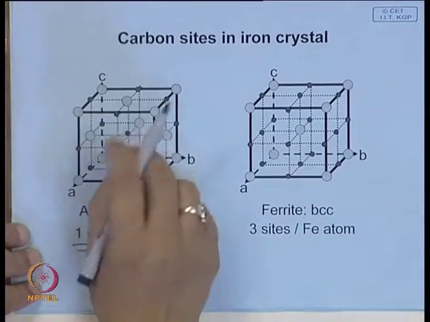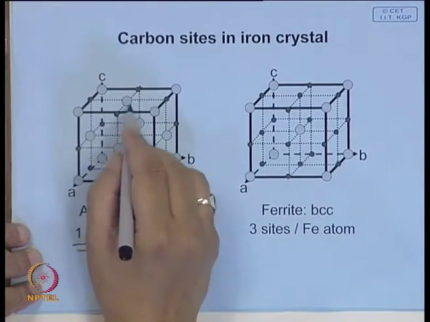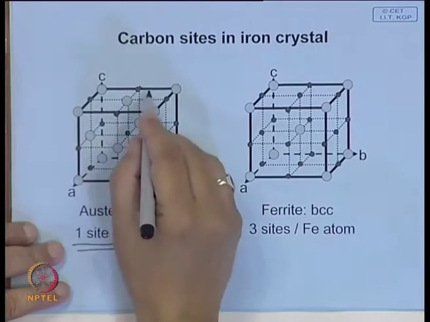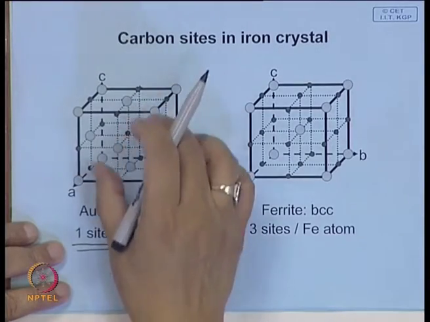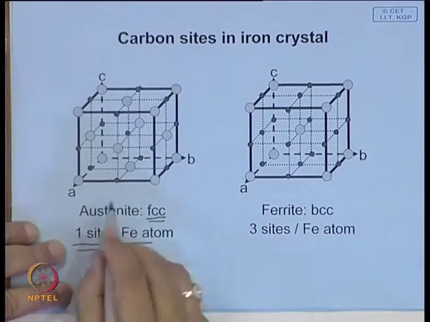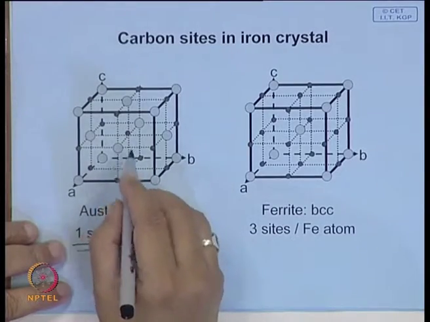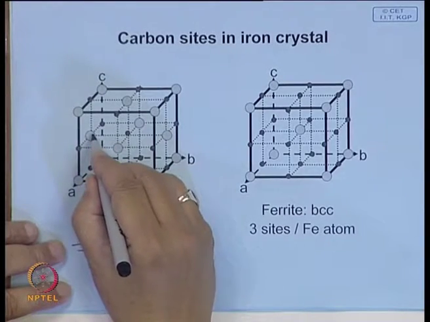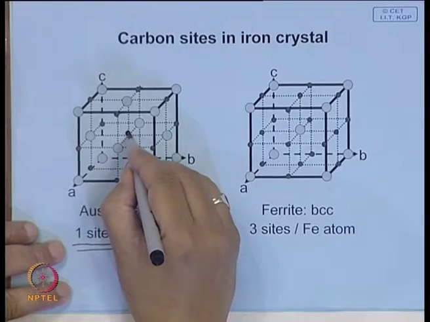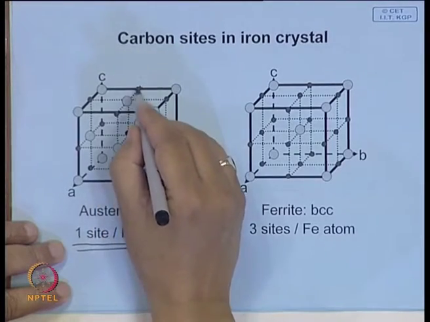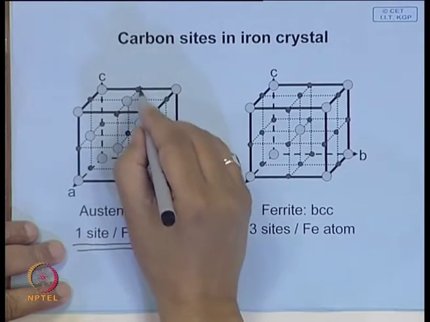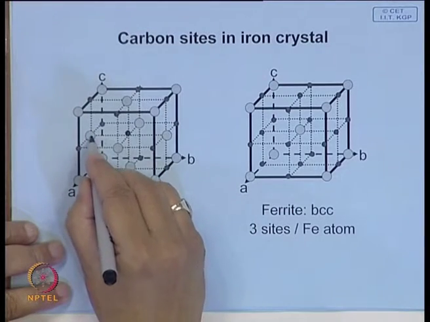If you put a carbon atom here, there will be lattice distortion, and we have seen that the lattice distortion in this case is a little less. It is symmetric in all directions. If you look at this atom, the surrounding of all interstitial sites is exactly the same.